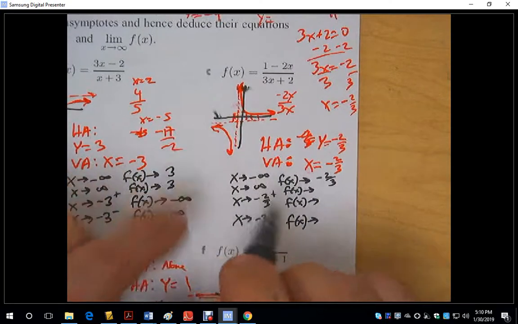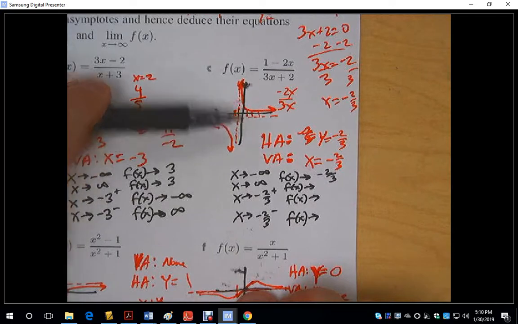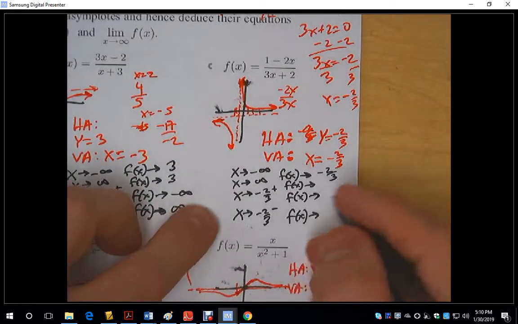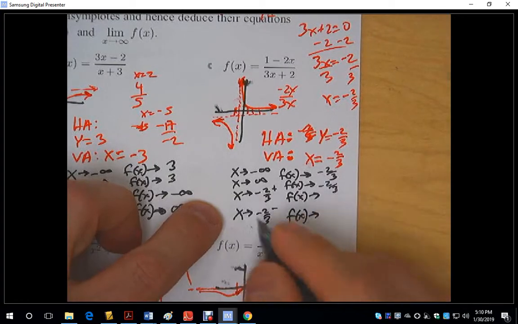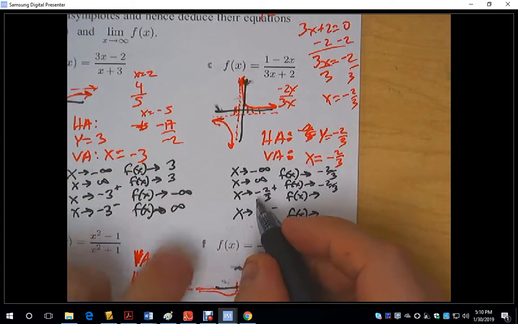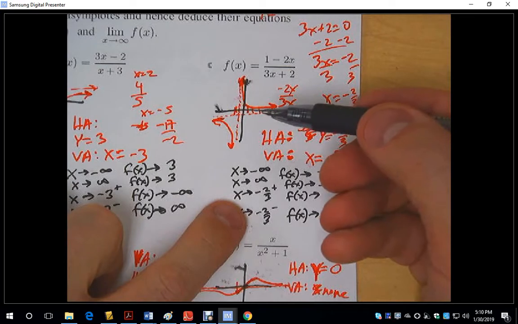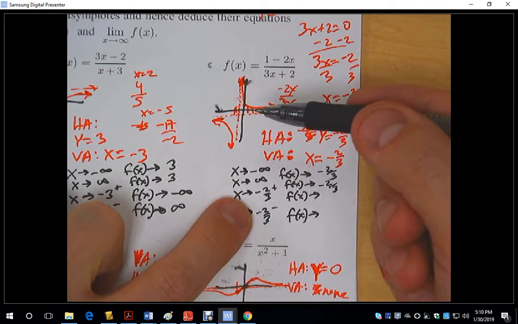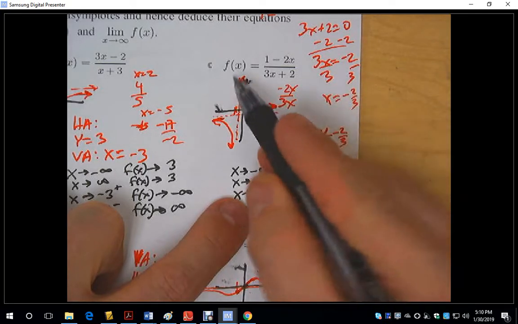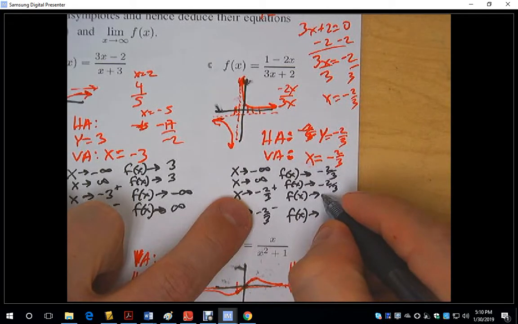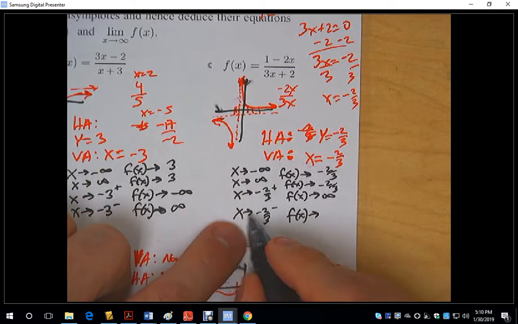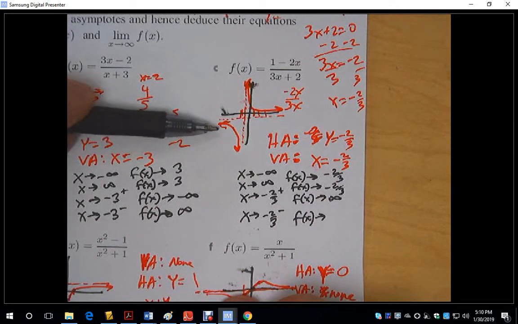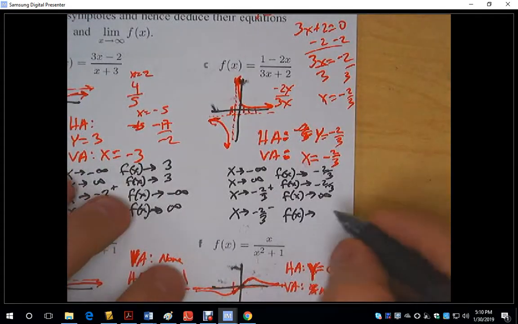When x approaches some massively large number, my graph approaches that horizontal asymptote again, so that would be negative 2/3. When I approach negative 2/3 from the right-hand side, I explode to the upside, so infinity. And when x approaches negative 2/3 from the left-hand side, my graph goes down to negative infinity.